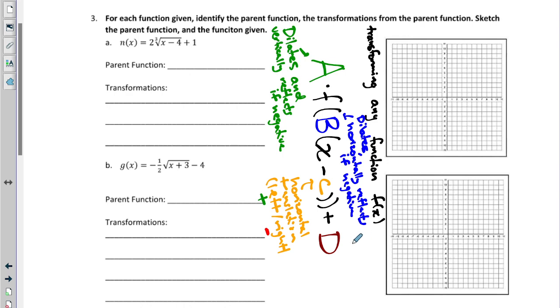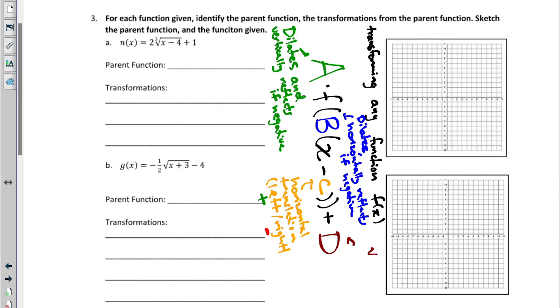We're used to that at this point. I talked to my Algebra 1 students about it. This is the first time they've learned the opposite thing, and I gave them 9 lives. I say, you can mess this up 9 times in your life, but after that, you cannot mess it up anymore. Most of you probably have run out of your lives, so we're at the point where you can't mess it up anymore. You've got to know left is plus and right is minus.